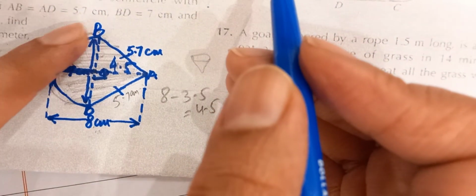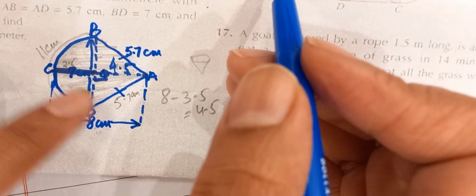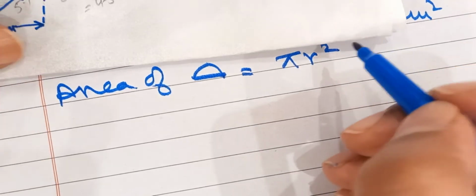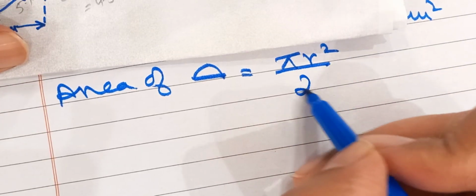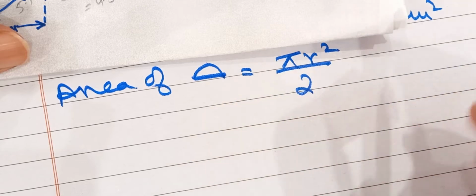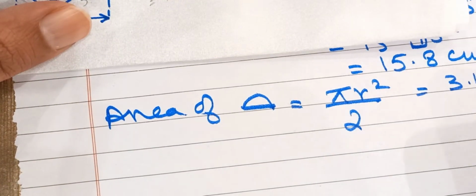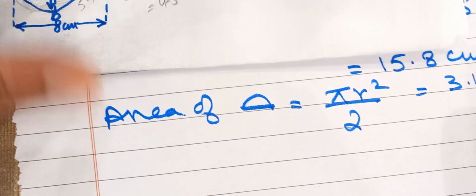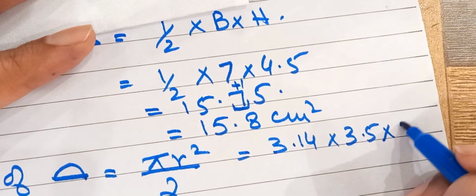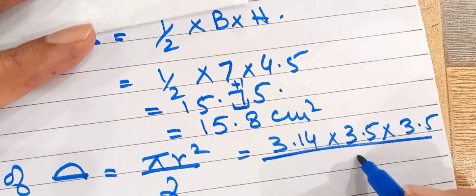Now the area of this semicircle. The area of a circle is pi r squared. If I divide it by 2, I get the area of the semicircle. So 3.14 into radius 3.5 into 3.5 divided by 2.